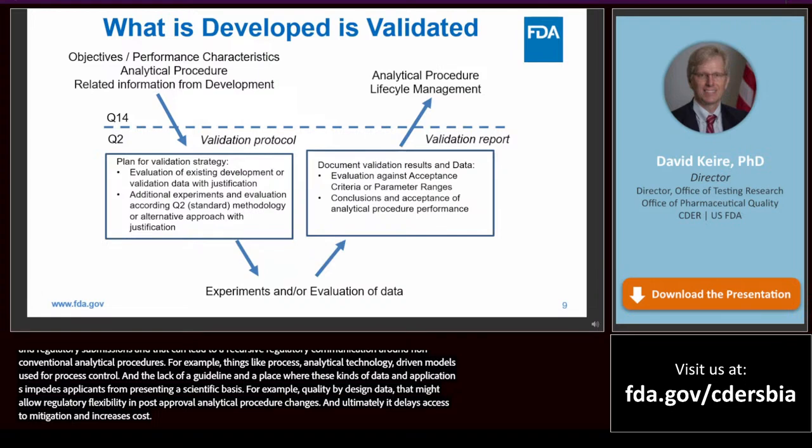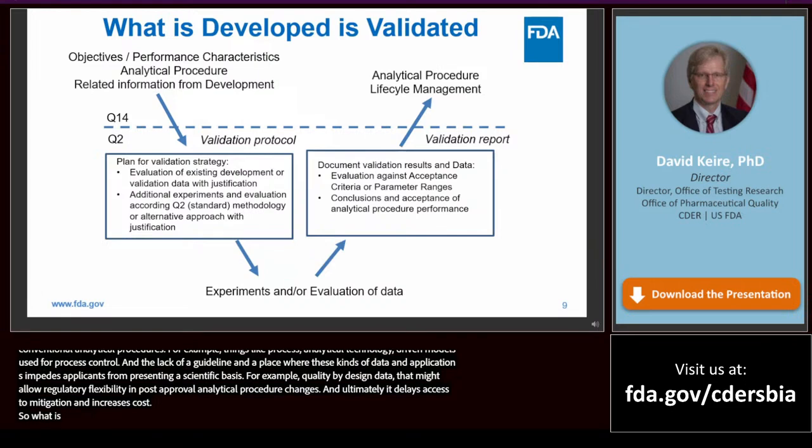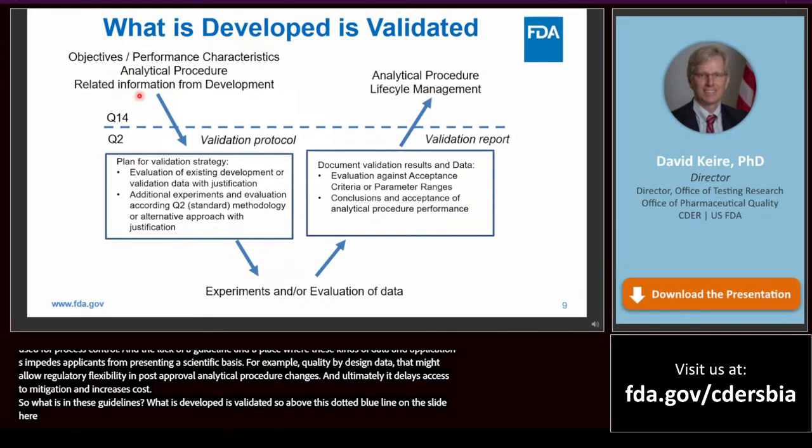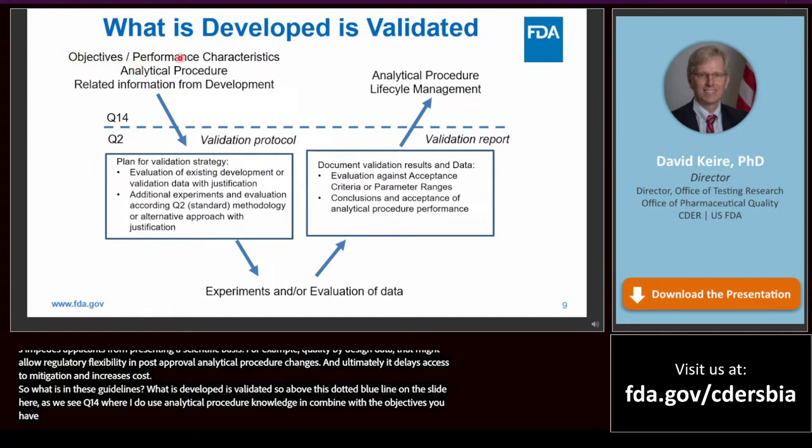So what is in these guidelines? What is developed is validated, right? So above this dotted blue line in the slide lies Q14, where you use analytical procedure knowledge, combine it with what objectives you have to decide what performance characteristics you want, and you have analytical procedure related information from development.